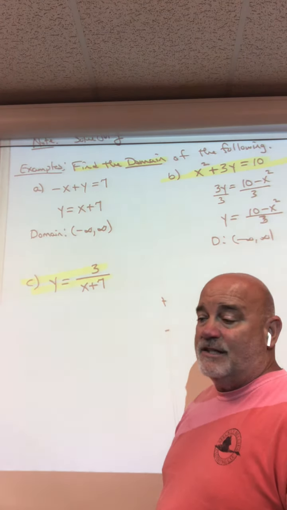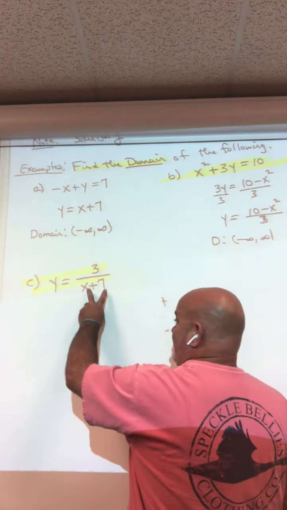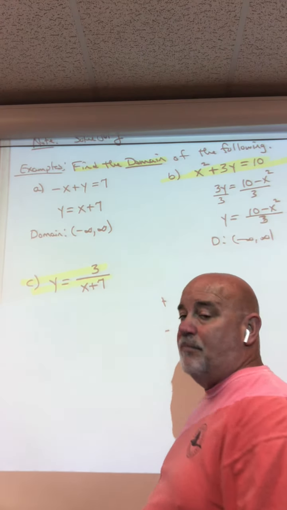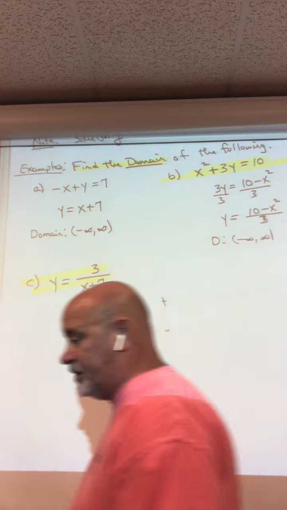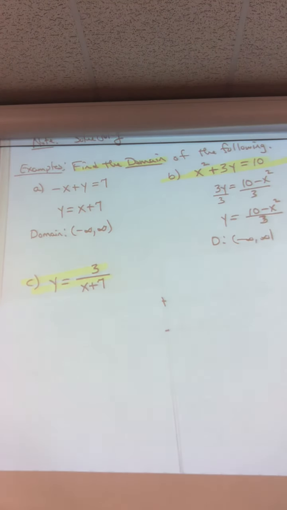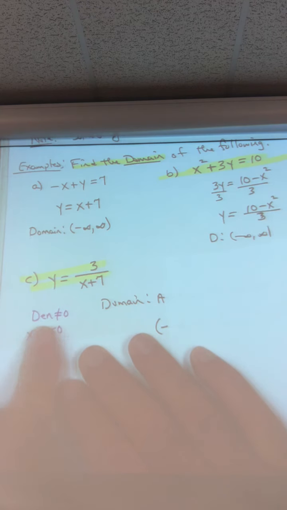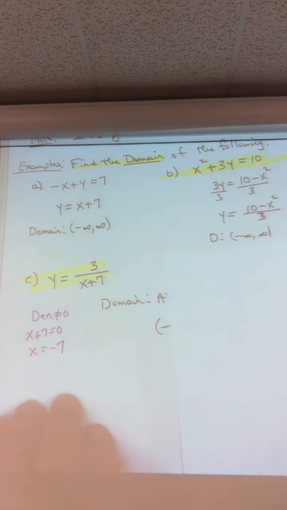So here's what I ask myself. What makes this denominator be 0? Now, I know you can do this in your head, but I'm still going to show you the math behind it. So what you do is you take your denominator. You do not want your denominator to be 0. So take your denominator, set it equal to 0, and solve it for x.